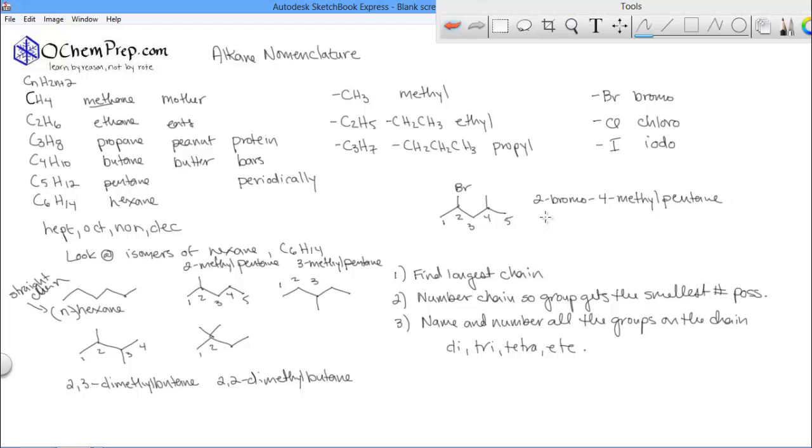This structure also illustrates the need to keep alphabetizing in perspective. We're going to number 1, 2, 3, 4, 5 because bromine comes before methyl in the alphabet. So the correct name would be 2-bromo-4-methylpentane.